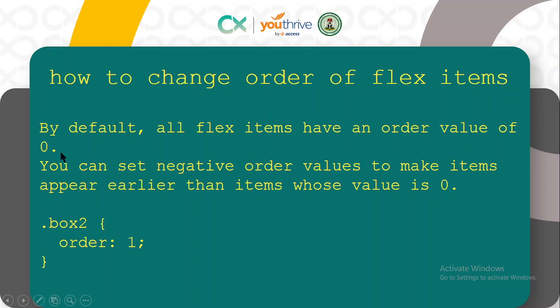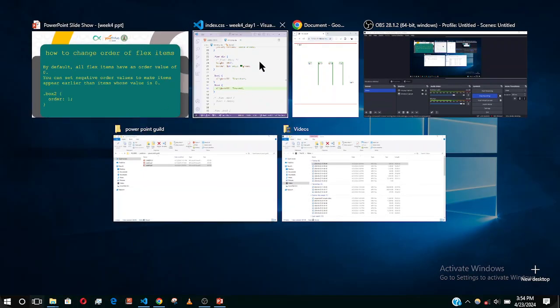So if you add a positive value, that means you can change the order. So you can set negative order values to make items appear earlier than items whose value is 0. So an example of this, dot box 2 and the order is 1. So let's try this out.